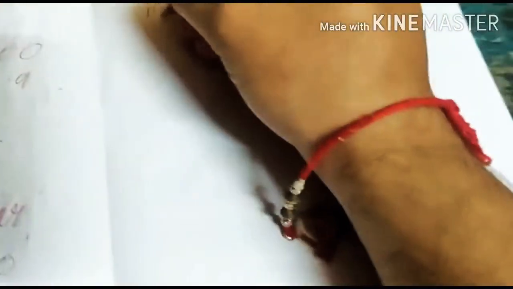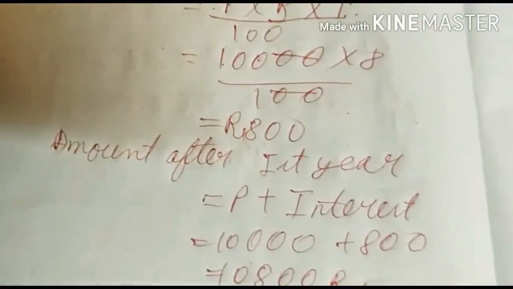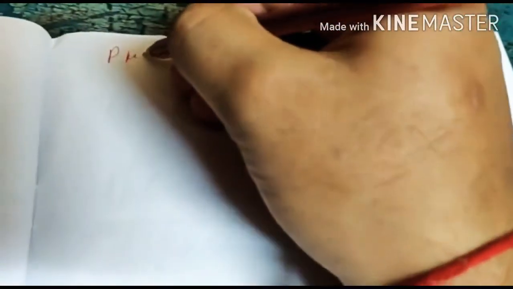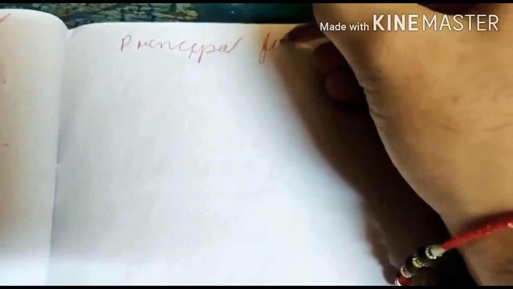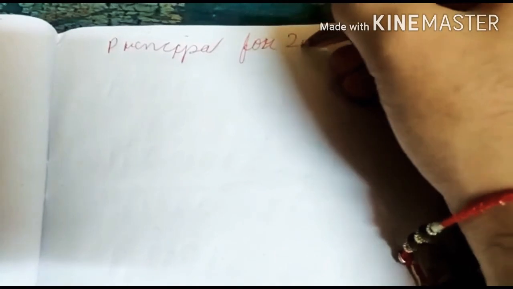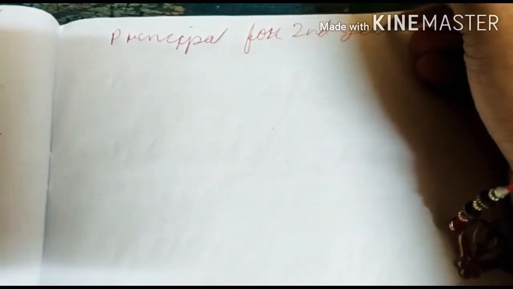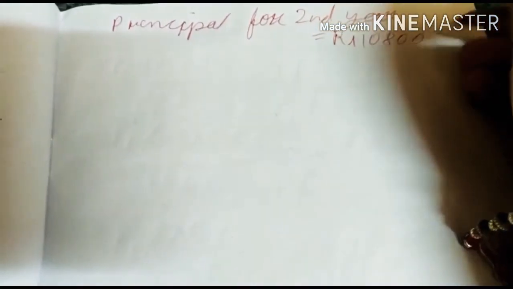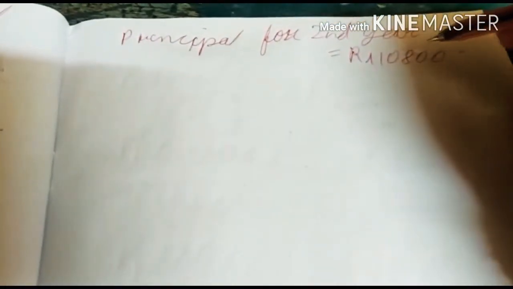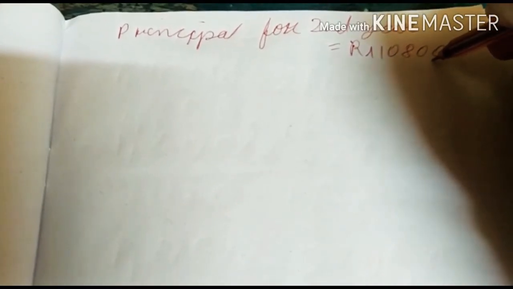So the amount after the first year will become the principal for the second year, rupees 10,800. Now this we have to return at the starting of the second year, means the end of the first year. Where the first year ends, the second year starts. So in the starting of the second year, our principal is 10,800.